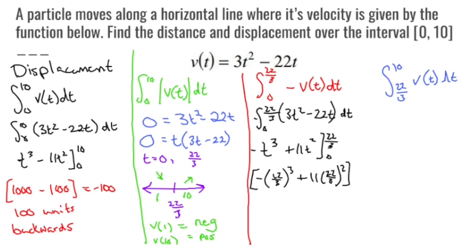What's 22 divided by 3? It's approximately 7.333. What's 7.333 cubed? It's approximately 394.316. So we'll put negative 394.316 plus. What's 7.333 squared?